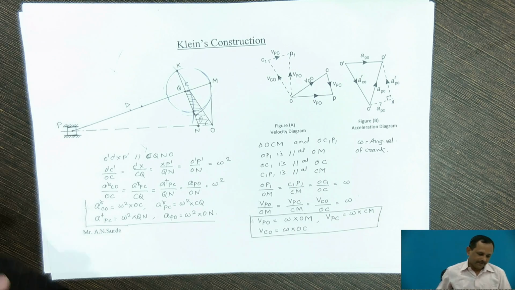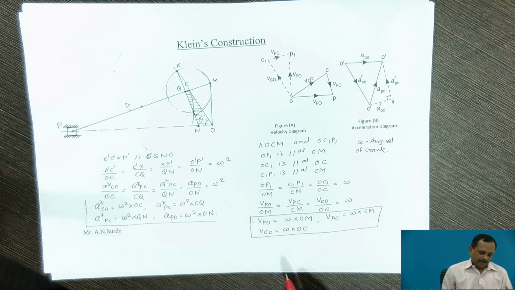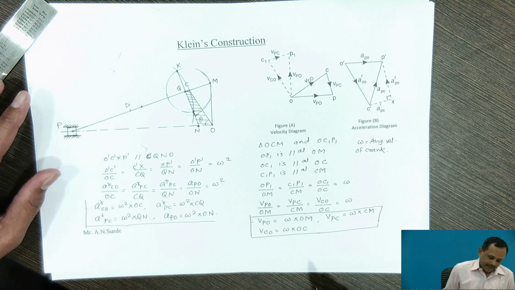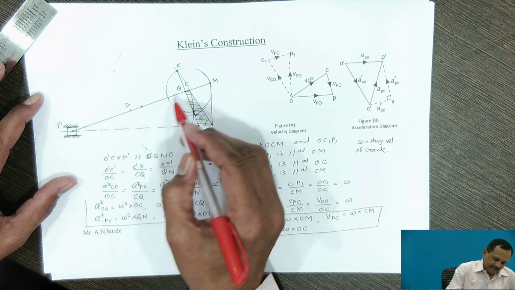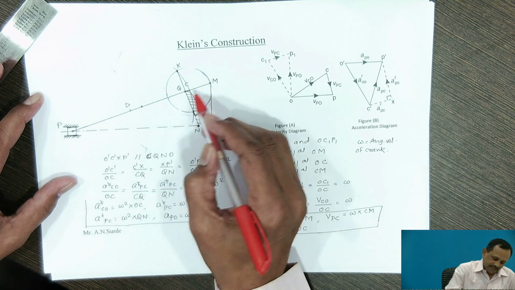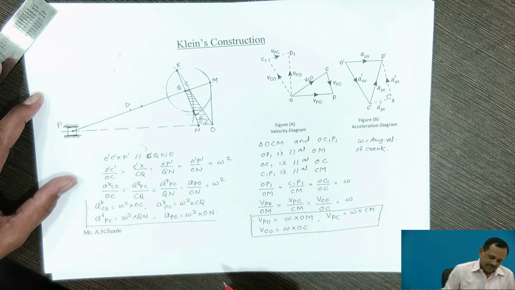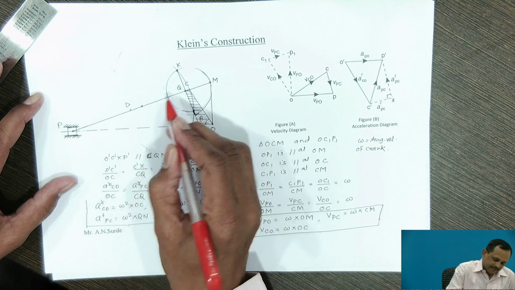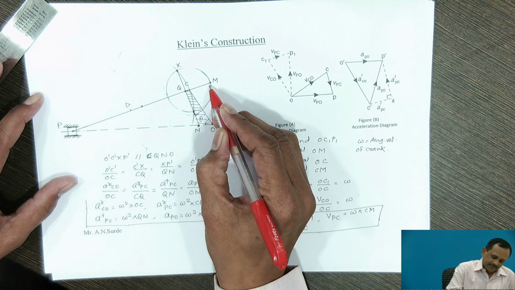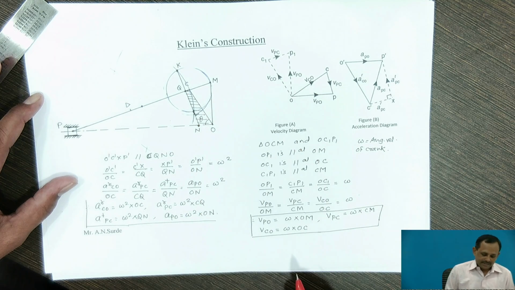Now, if point D is the midpoint of the connecting rod, then the velocity of point D can be determined by locating point D on CM, because point D is lying on link PC, and PC is parallel to CM, hence point D1 lies on CM. The ratio in which point D divides the link PC, in the same ratio point D1 divides CM.